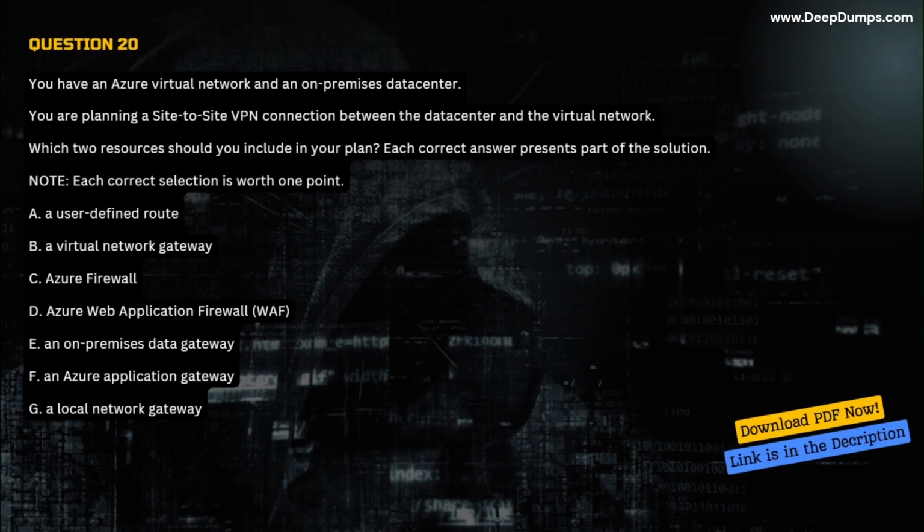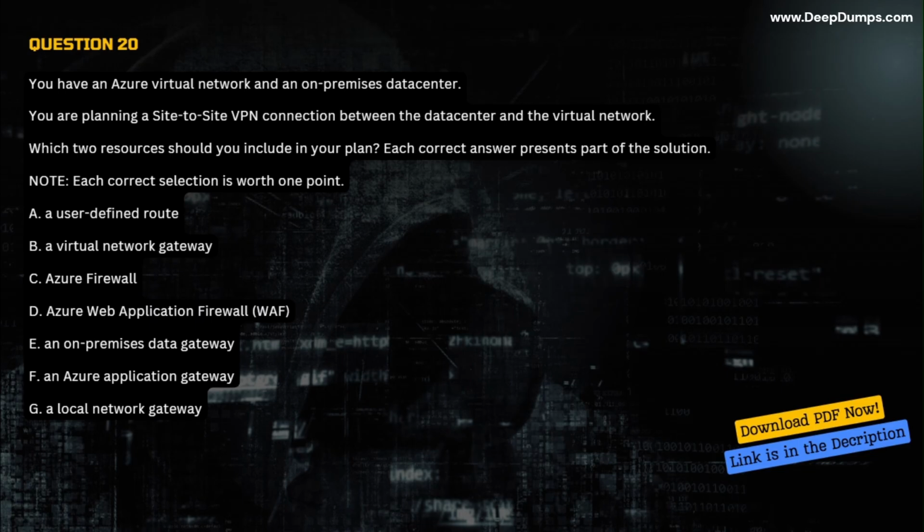Question 20. You have an Azure virtual network and an on-premises data center. You are planning a site-to-site VPN connection between the data center and the virtual network. Which 2 resources should you include in your plan? Each correct answer presents part of the solution. Note: each correct selection is worth 1 point. A. A user-defined route. B. A virtual network gateway. C. Azure Firewall.